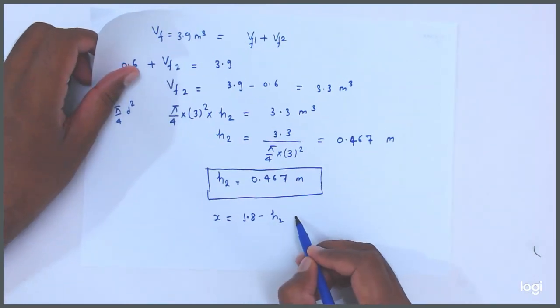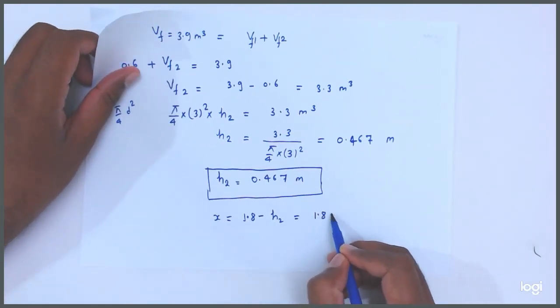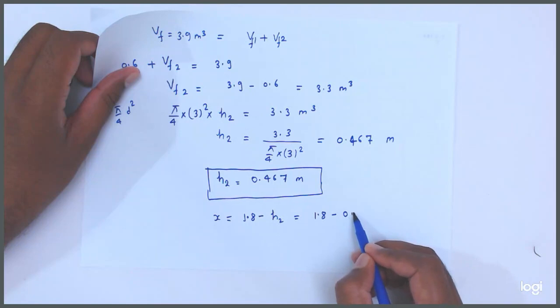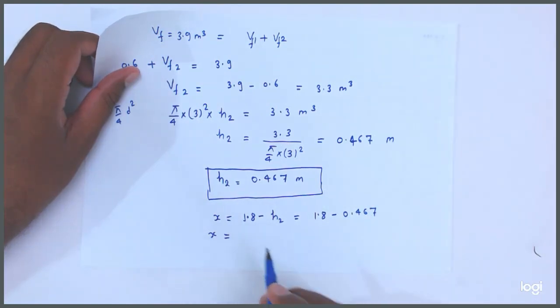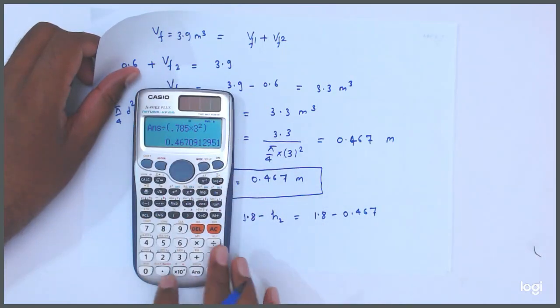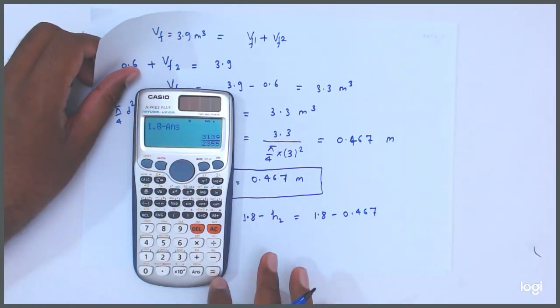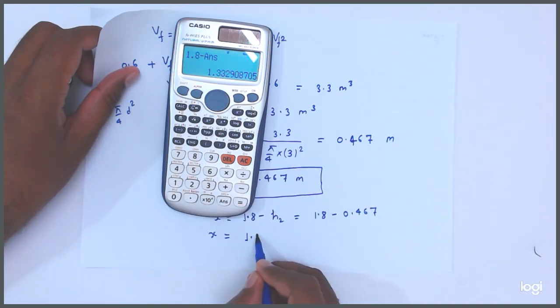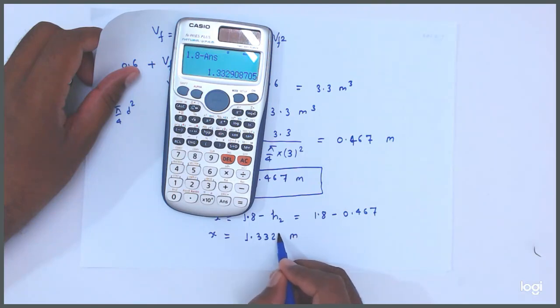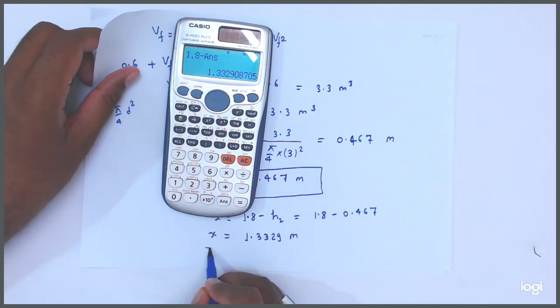So x is equal to 1.8 minus 0.467. So the x value will come 1.3329 meter.